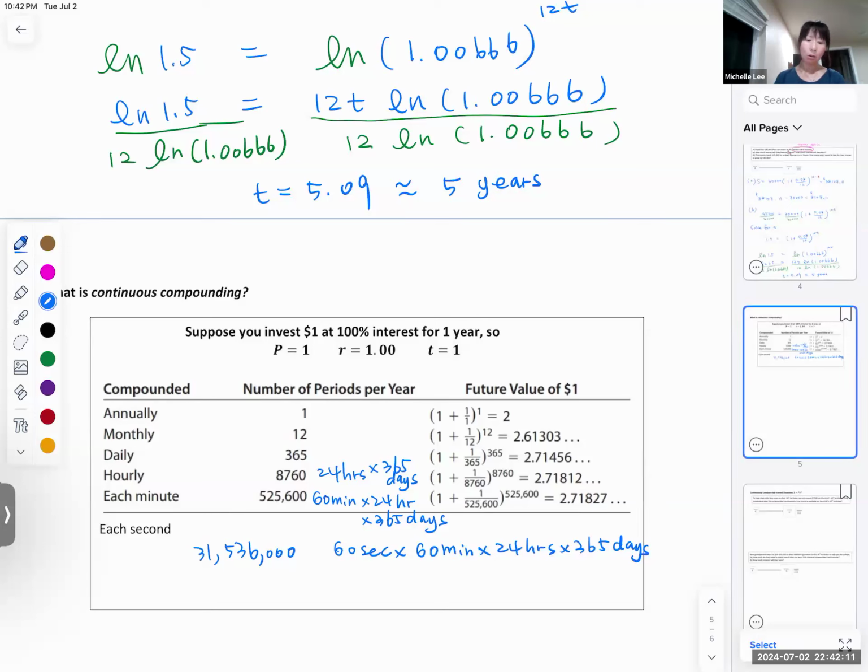Okay, now we are using the compound interest formula. So it will be 1 plus 1 over that number, and then we are using it as a power. Then we get 2.71828. All right.